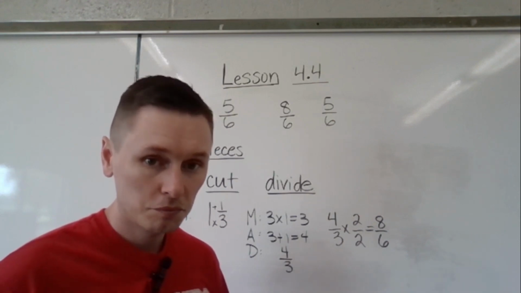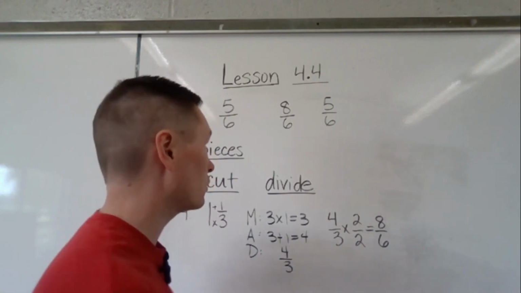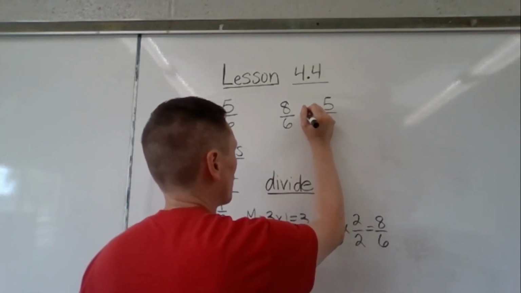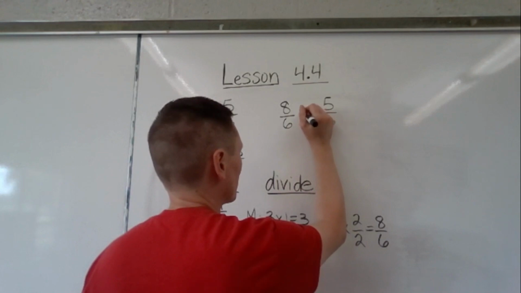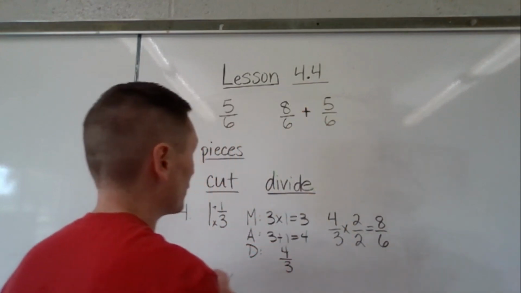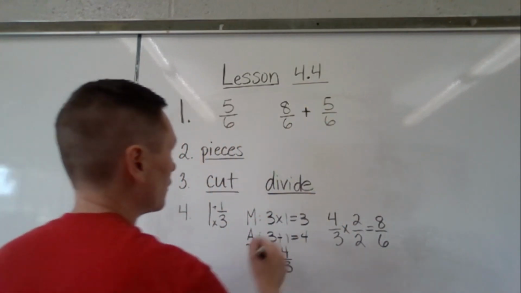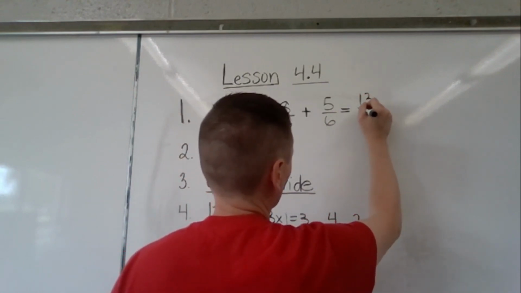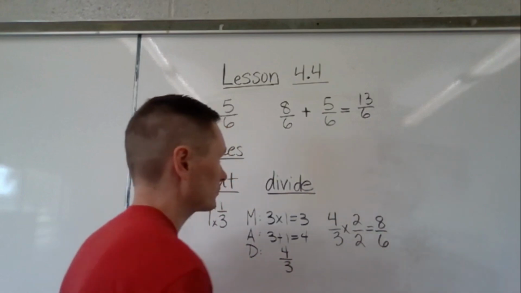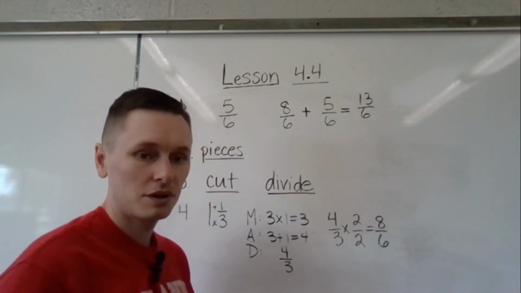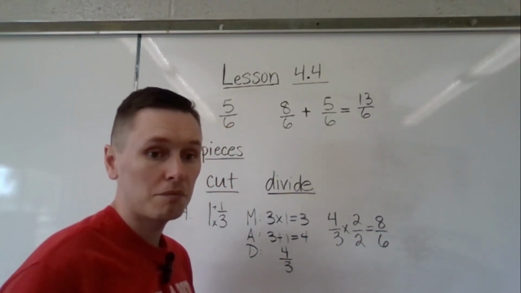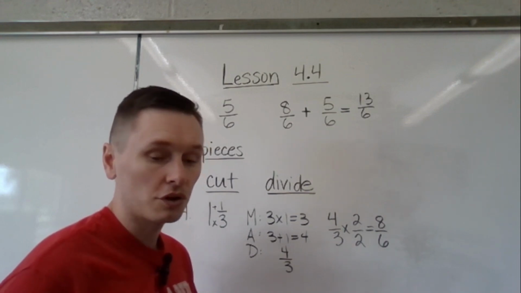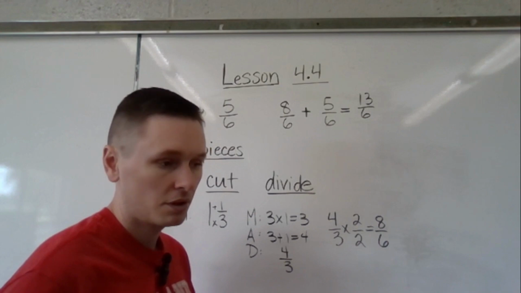And when I know total or in all, that keyword would tell us to use the operation of addition. So now I have 13/6. Okay, so that's my total amount of paper that I will use in order to cover both boxes.